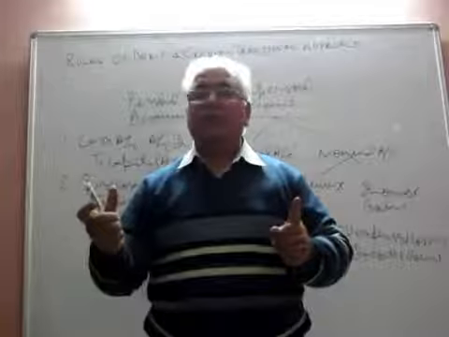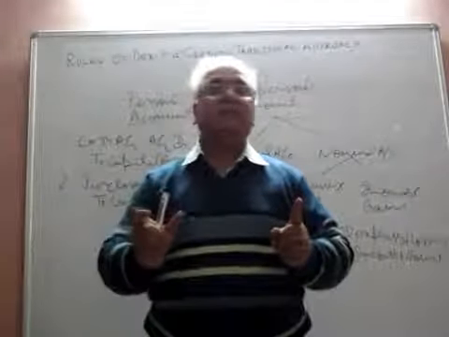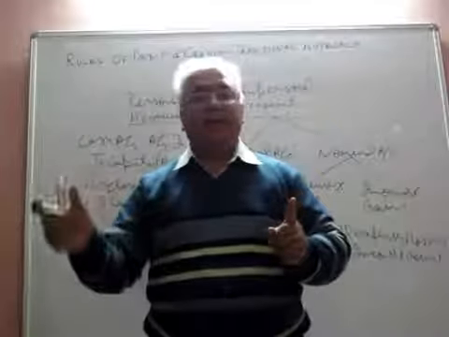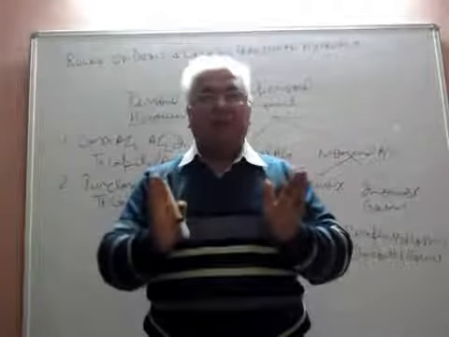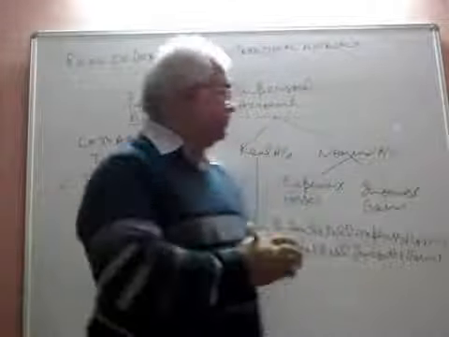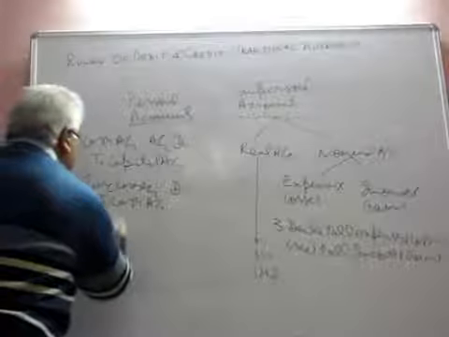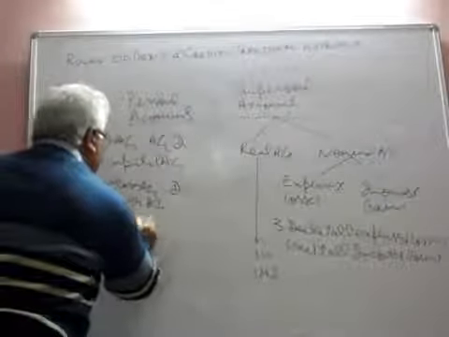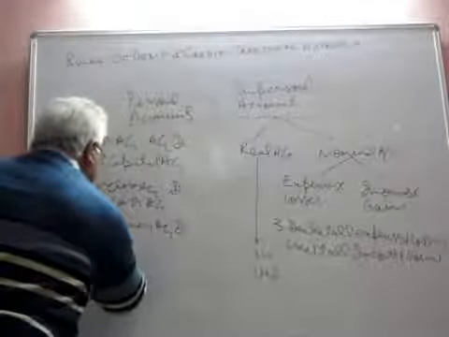The rule for personal accounts is debit the receiver, credit the giver. Hence, Shyam will be credited. The journal entry will be machinery account debited to Shyam account.